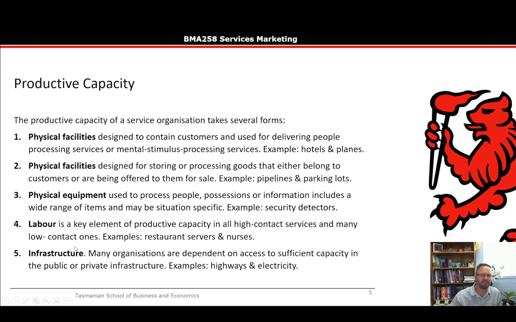Labour is a key element of productive capacity in all high contact services, and maybe in low contact services, but especially high contact. Examples include restaurant servers and nurses. We often think of hospitals, and it might seem a bit strange to some people to think of a hospital in terms of capacity and demand, but you can ask how much demand there is for the hospital services and what the productive capacity of the hospital is.